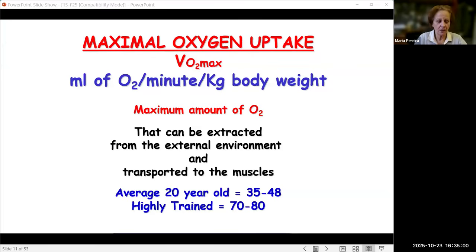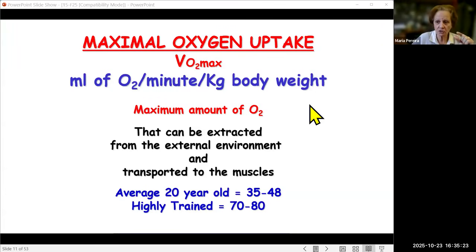Okay, so now how can we define that a person is in good shape? One of the parameters is how much oxygen a person can remove from the air and deliver to the body per minute per kilogram of body weight.